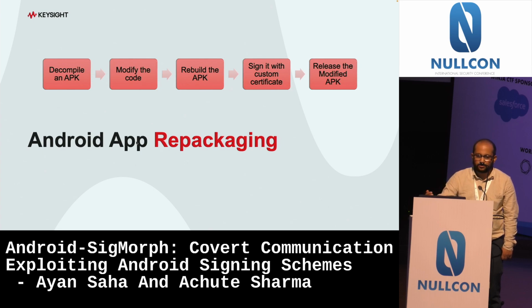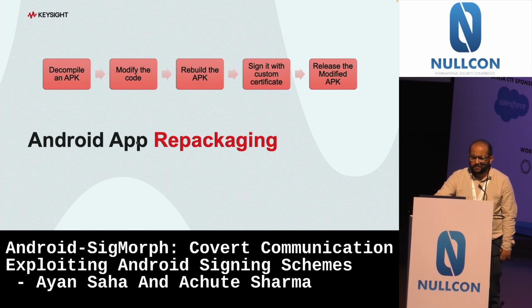As soon as we decompile the APK, the signing information is lost, and when we sign it with a new custom certificate, as far as the Android ecosystem is concerned, that's totally a new app, because it has been signed by a new developer key. It's not the same app anymore.